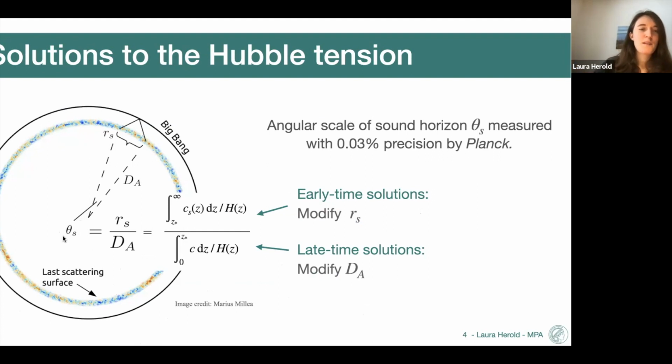Therefore, we can assume it to be fixed by observation, essentially, because it's given by the frequency of the oscillations in the power spectrum. So the early time solutions of the Hubble tension modify the physical size of the sound horizon, whereas the late time solutions modify the angular diameter distance to last scattering.